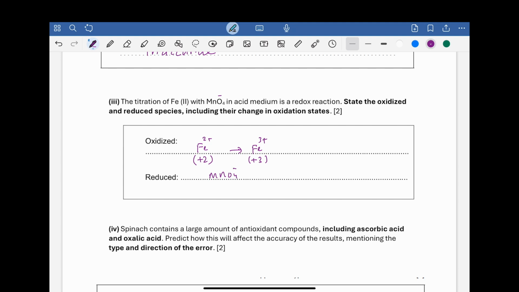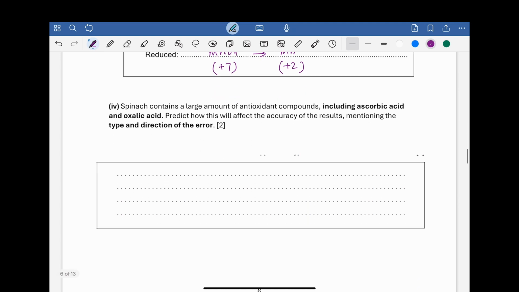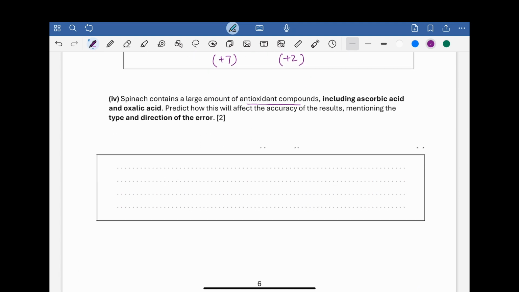The species reduced is MnO4 minus to Mn2 plus, and the oxidation state change is from +7 to +2. Oxidation is an increase in oxidation number, so for iron +2 to +3, and reduction is a decrease in oxidation number, +7 to +2.